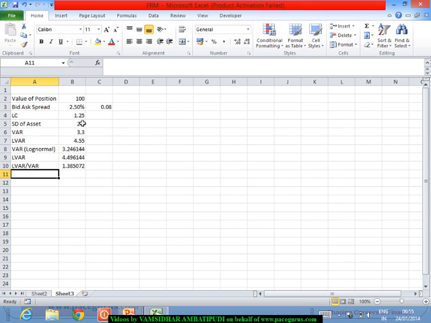Earlier, let's say the spread is 2.5%, but now the mean spread is still 2.5%, with a standard deviation of the spread of, let's say, around 0.5%.